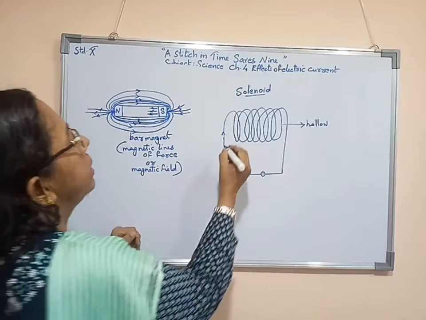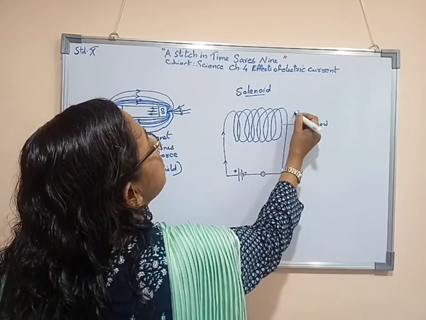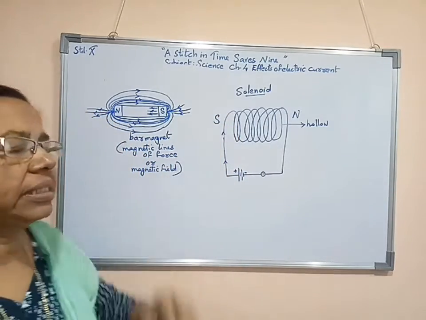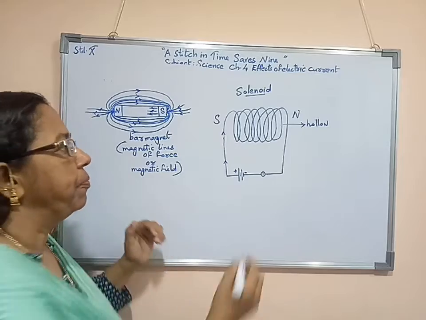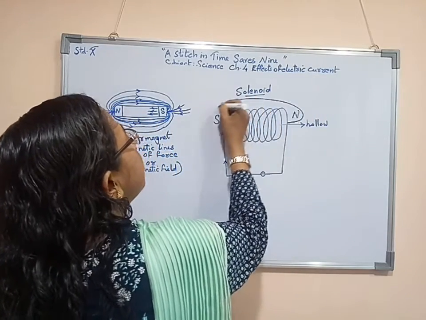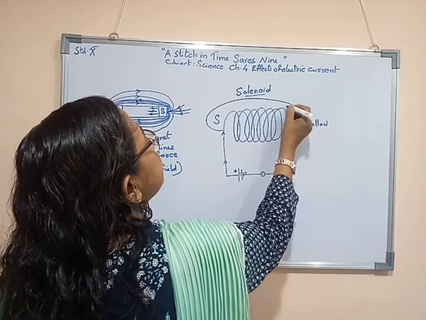Now we can put on this one side the north pole and this is the south pole of this solenoid. Now we can see the formation of the magnetic field lines.